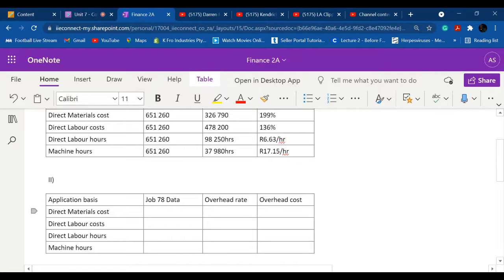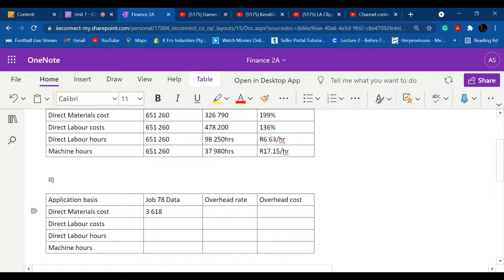So here we're saying, for direct materials cost, when it comes to job 78, what data have they given us? They've told us that the data there is 3,618.